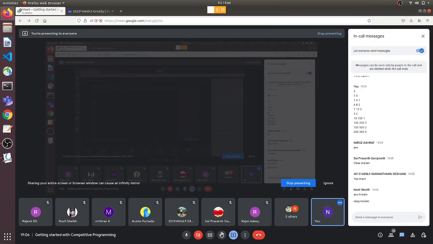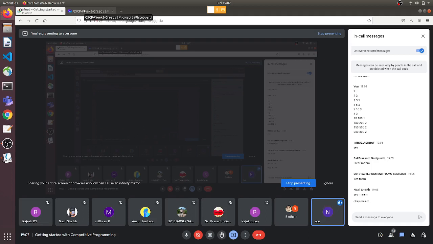Okay, so first we do sorting. Sorting time complexity is n log n, right? And after that we are only doing one pass over that sorted array, so that is order n, and therefore the time complexity is order n log n. That is only for algo 1.